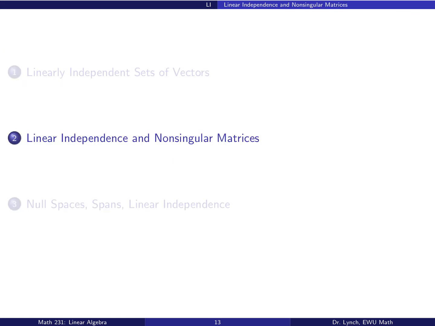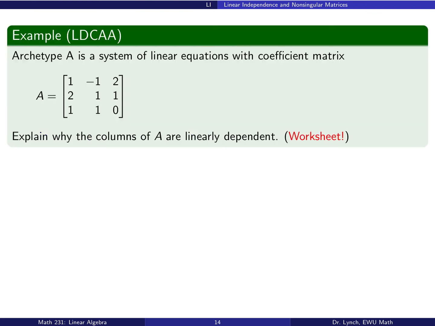Okay, let's talk about linear independence and non-singular matrices. Of course, non-singular is a characteristic of a square matrix, right? So here is a square matrix corresponding to archetype A, and I'll go ahead and have you use the fact that A is singular to explain why the columns of A are linearly dependent on the worksheet.